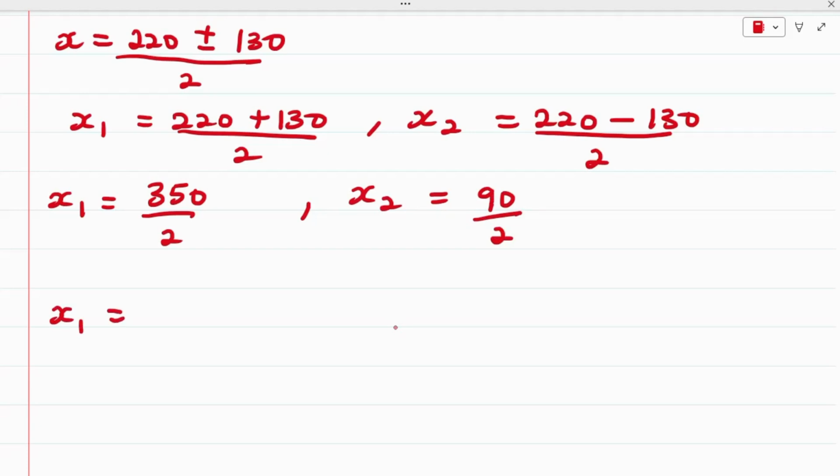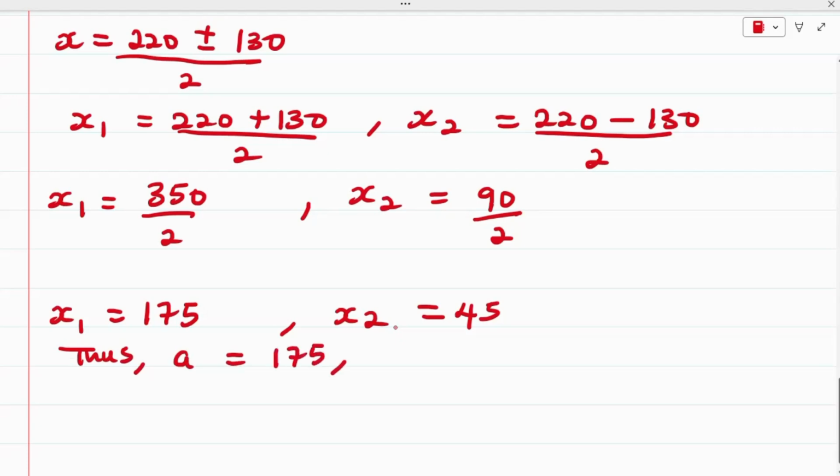Alright, so x1 is equal to 350 divided by 2, which is 175, and x2 is equal to 90 divided by 2, which is 45. So from here we have that a is equal to 175 and b is equal to 45.